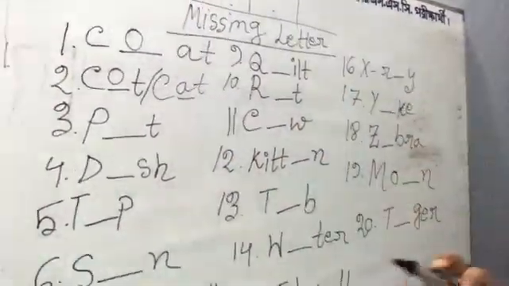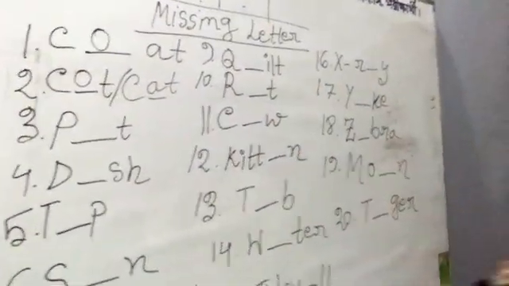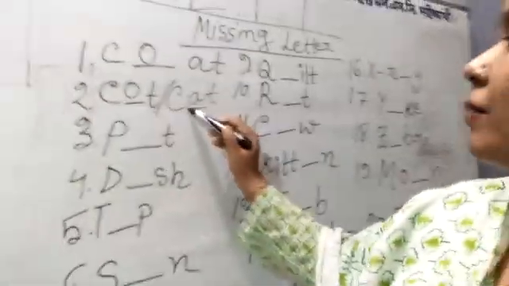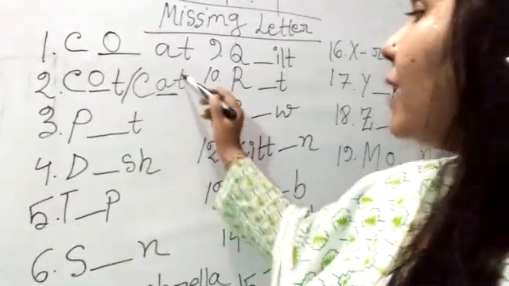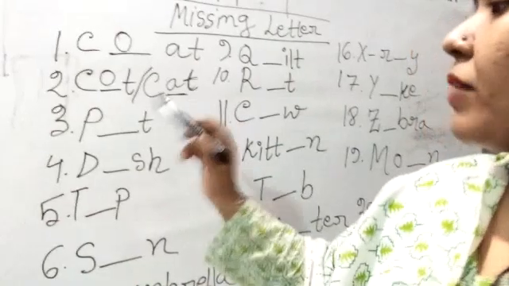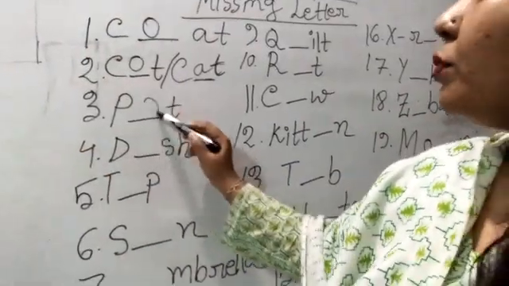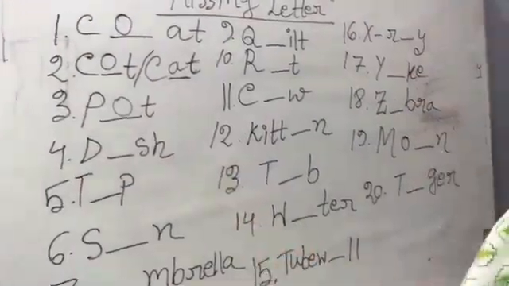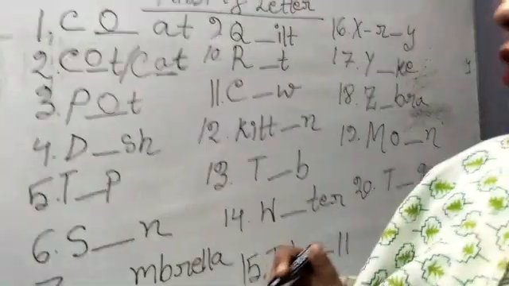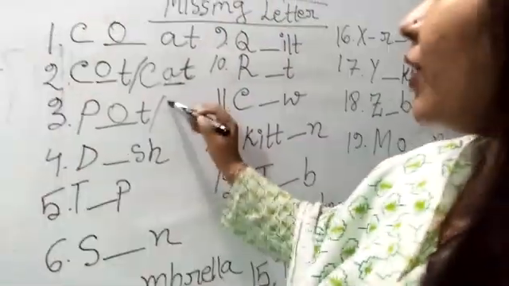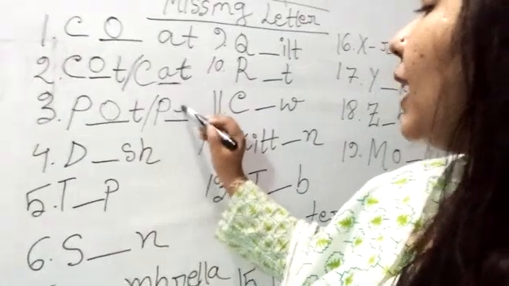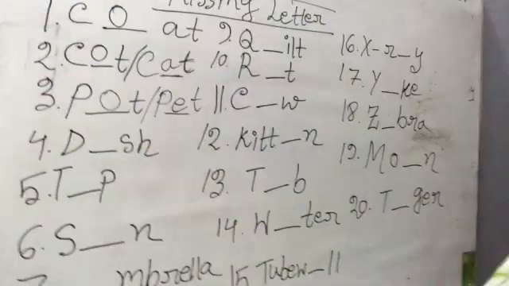It will also be right, because it makes a meaningful word, and that is cat. Cat means a kind of pet animal. Then if I put pot, it becomes a kind of water-bearing jar. But what if I put pet? Of course it also makes sense.